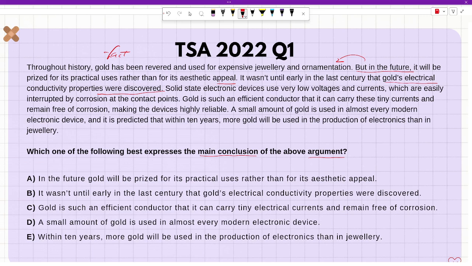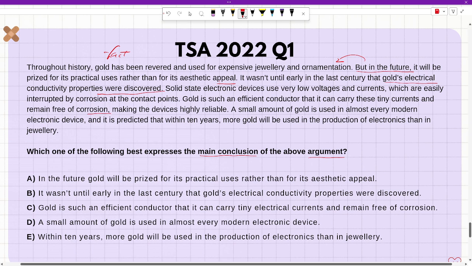Okay, let's continue. Solid state electronic devices use very low voltage and currents, which are easily interrupted by corrosion at the contact points. Gold is such an efficient conductor that it can carry these tiny currents and remain free of corrosion. Okay, this is a point.